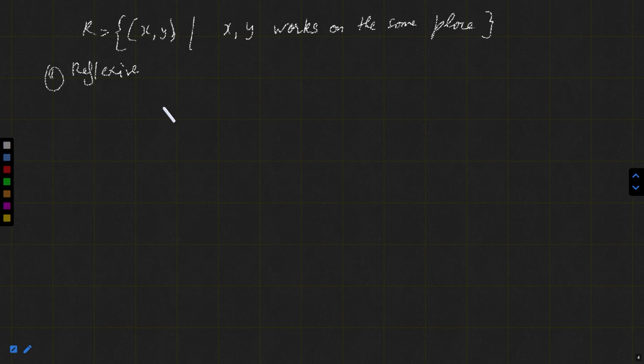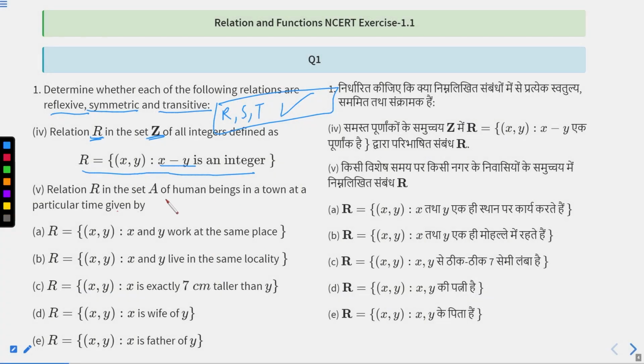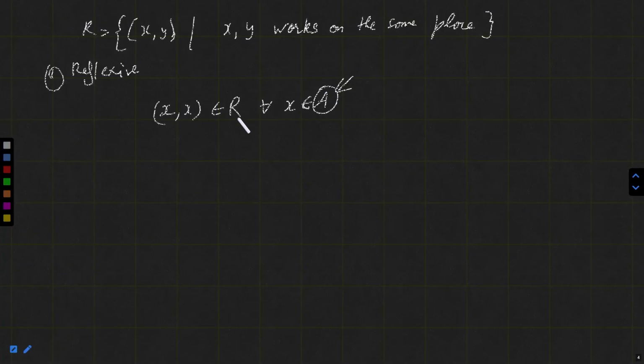Reflexive means (X, X) belongs to R for every X in A. So take any person in this set A, the set of human beings in a town at a particular time. Does the same person X work at the same place?